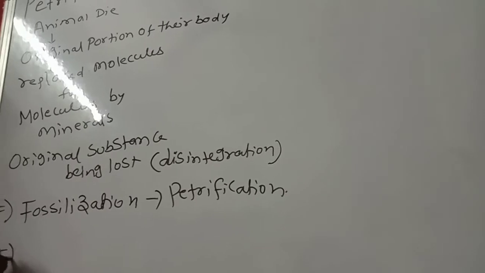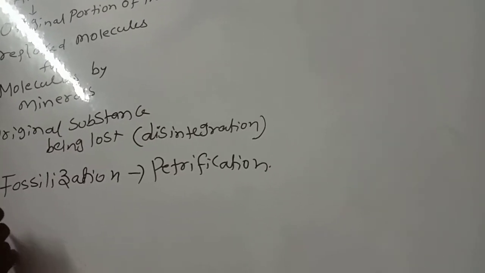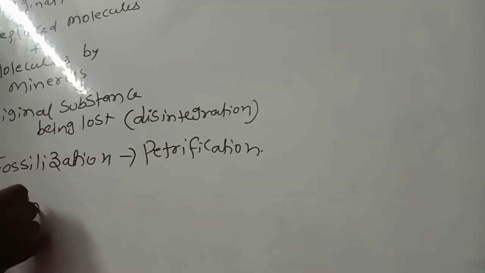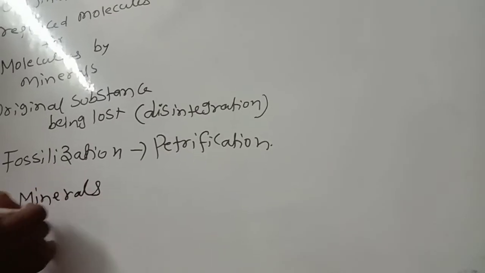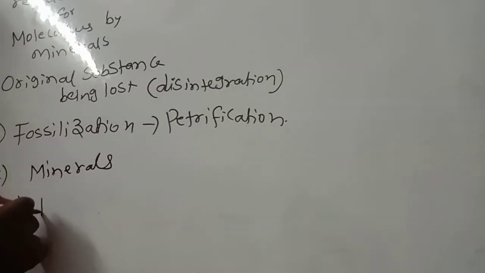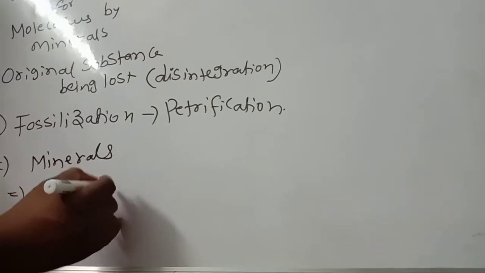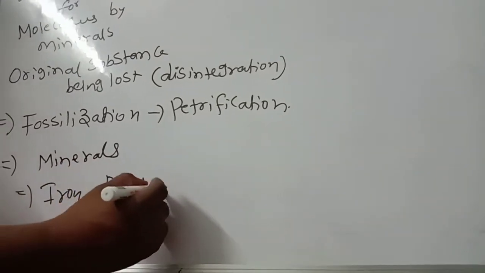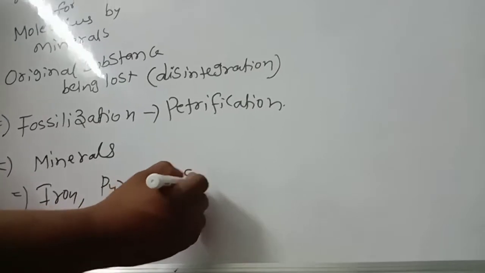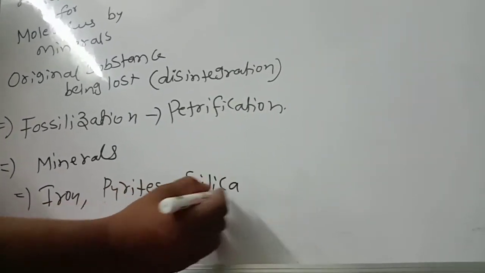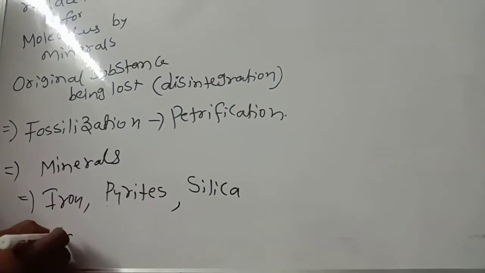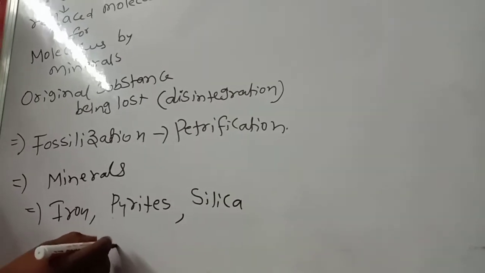What kind of minerals are involved in this fossilization? Number one, iron pyrites, silica, calcium. These are all names you should remember.